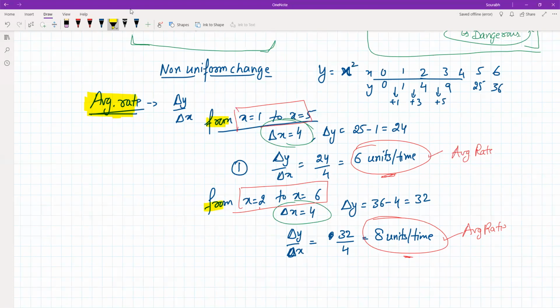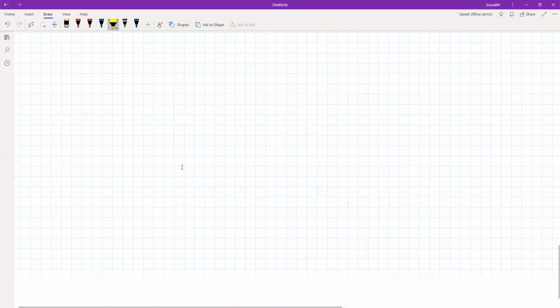So there should be a mechanism to find average rate here, right? And what is that?